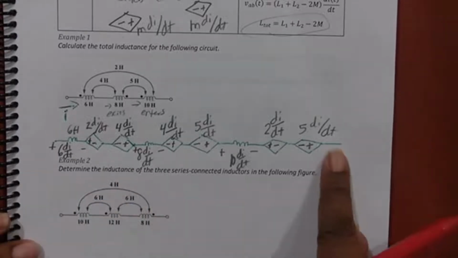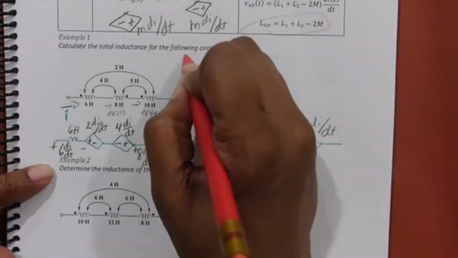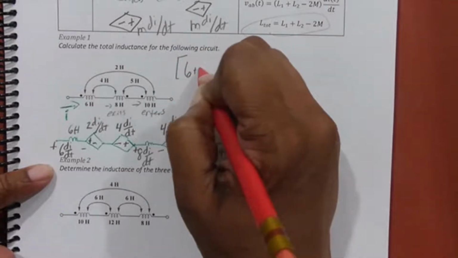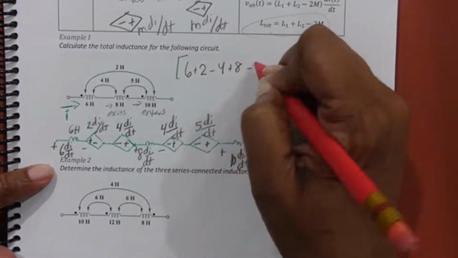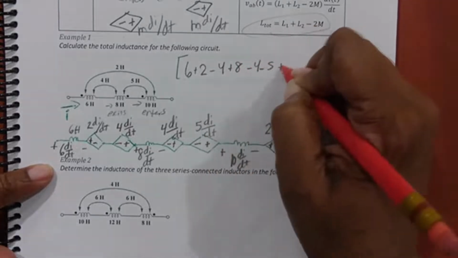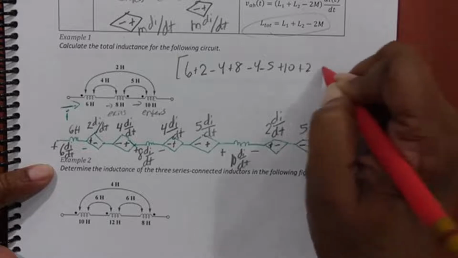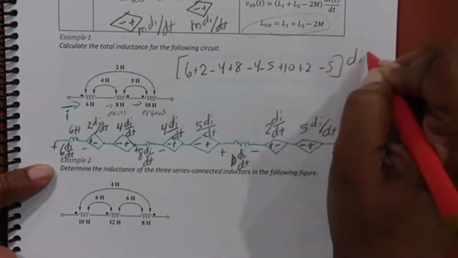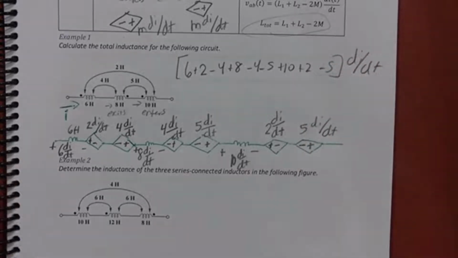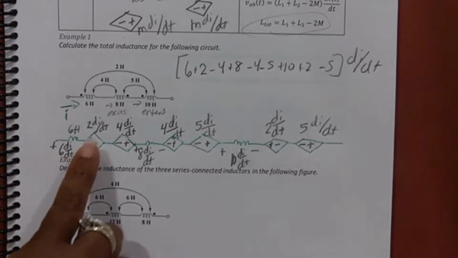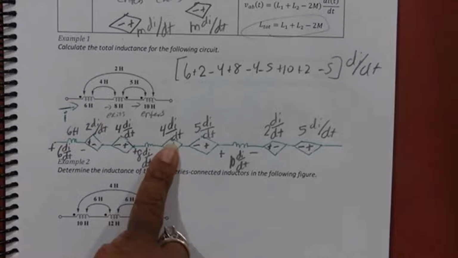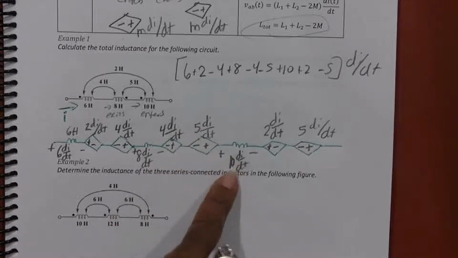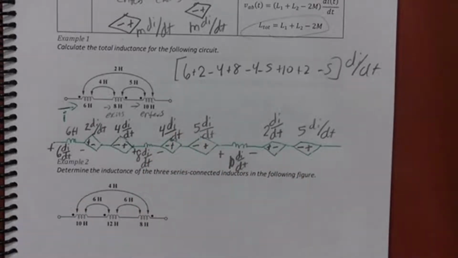So now what we're going to do from left to right is add all of these up. So I'm going to have 6 plus 2 minus 4 plus 8 minus 4 minus 5 plus 10 plus 2 minus 5 di/dt, just adding them up from left to right, to get the total voltage.